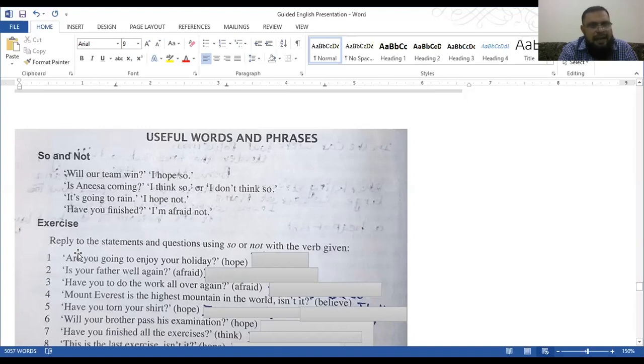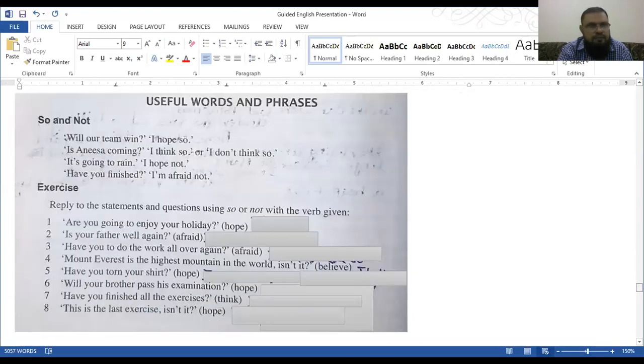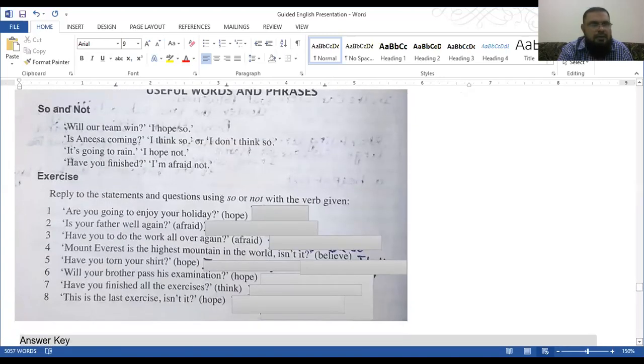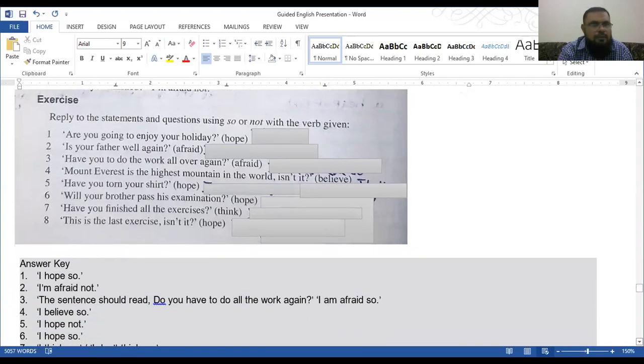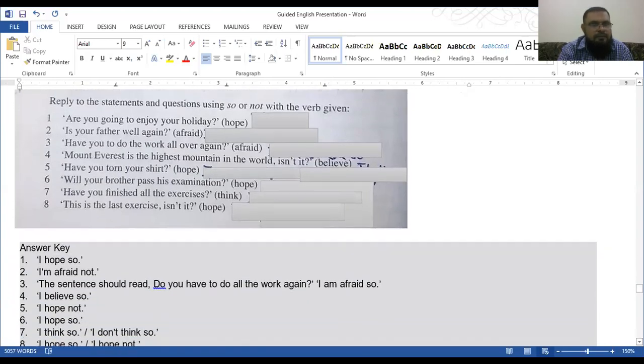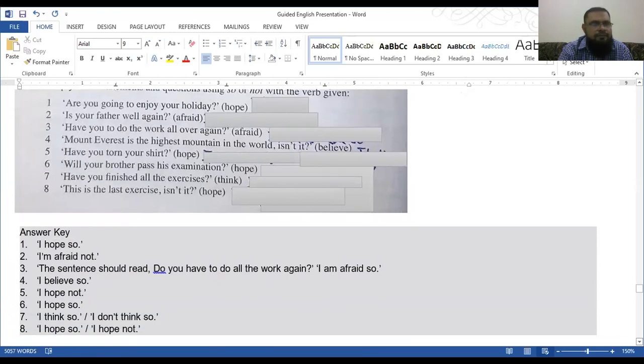Exercise. Reply to these statements and questions using so or not with the verb given. Number 1. Are you going to enjoy your holidays?